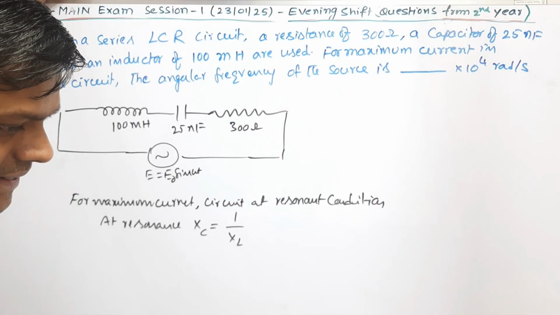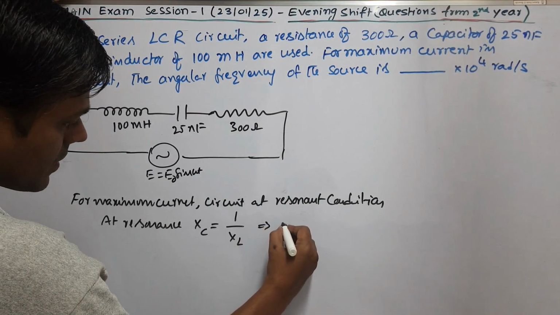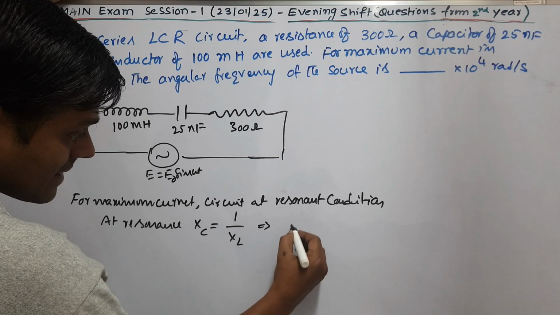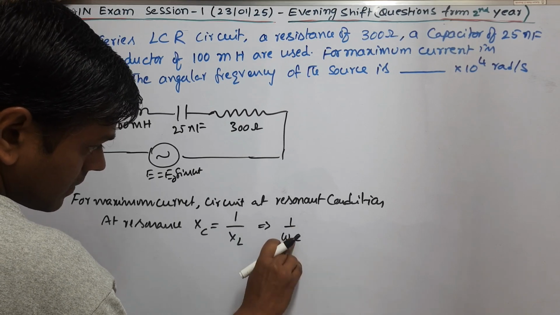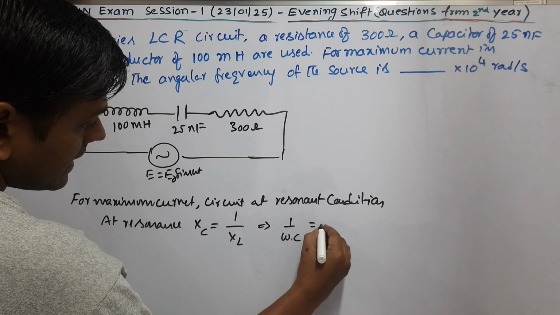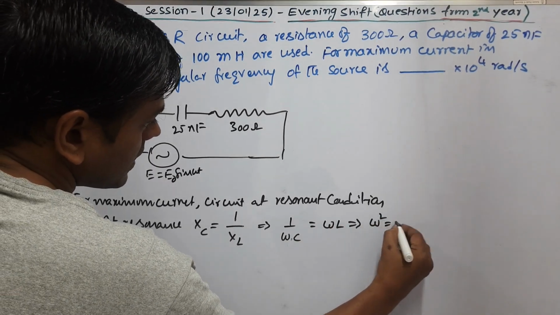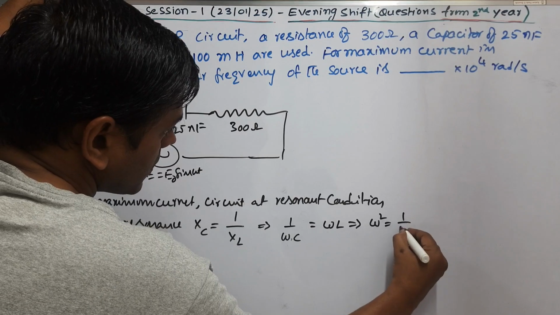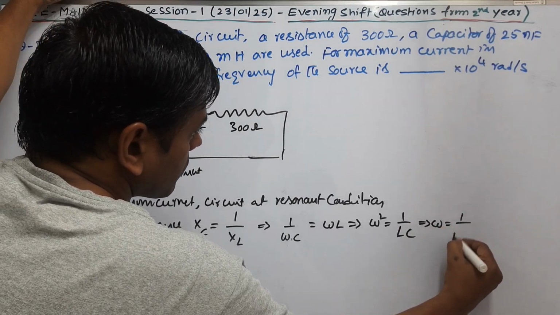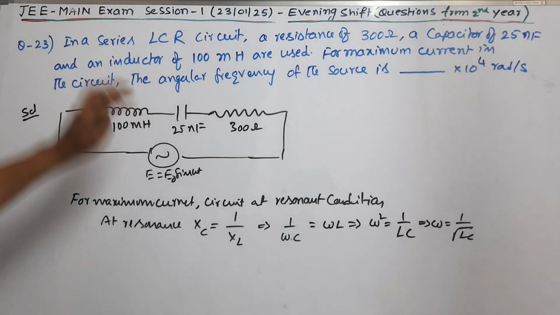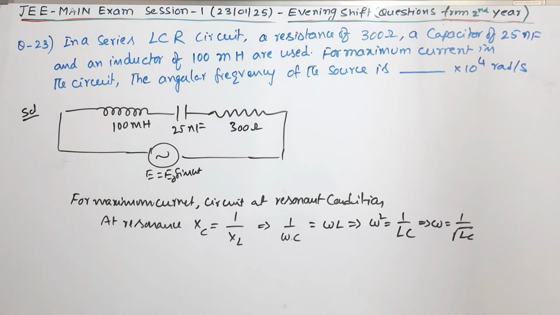That implies 1 by omega C is equal to omega L. That implies omega squared is equal to 1 by LC, so omega is equal to 1 by root LC. So at this there is maximum current.